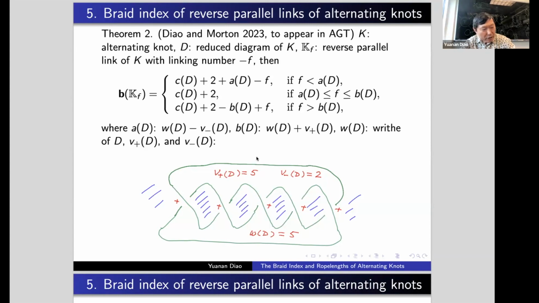And I think more generally, even for alternating Montesinos links, we know the result is also true, and those are large classes of alternating links. So I'm pretty sure the conjecture is actually true for alternating links. We just don't know a way to prove it yet.